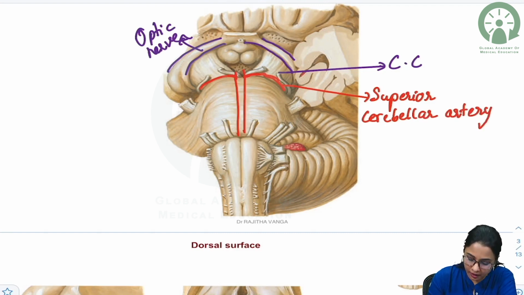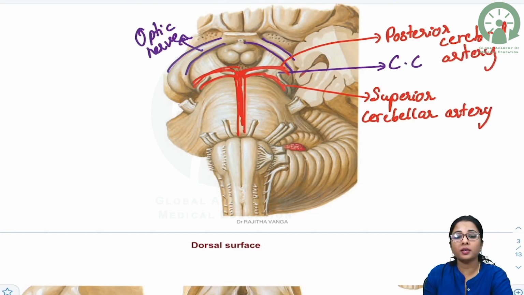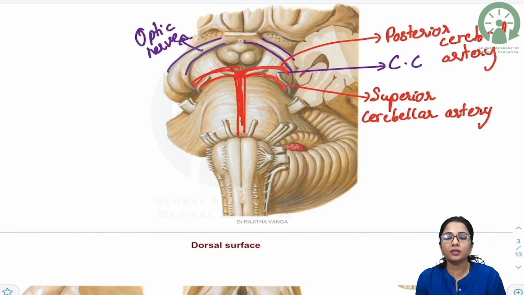Further, the basilar artery terminates to form the posterior cerebral artery. So the crus cerebri is crossed by the superior cerebellar artery and the posterior cerebral artery.